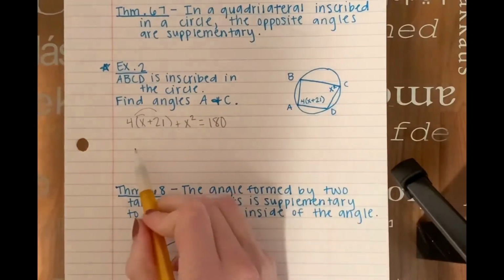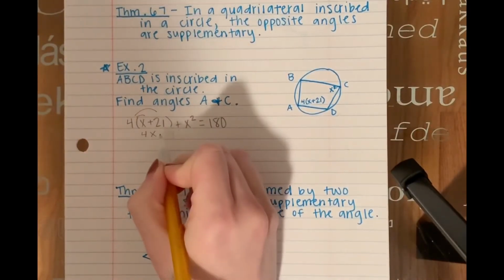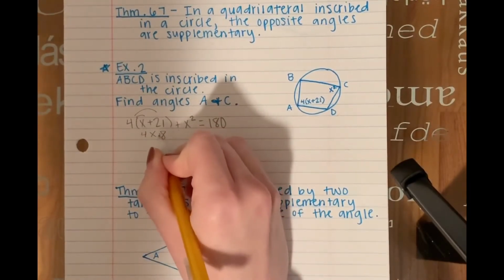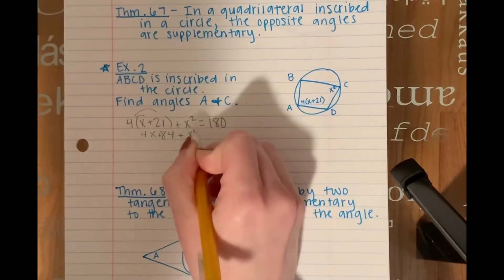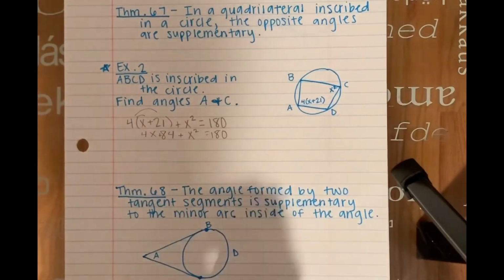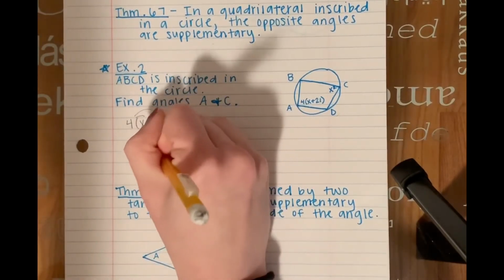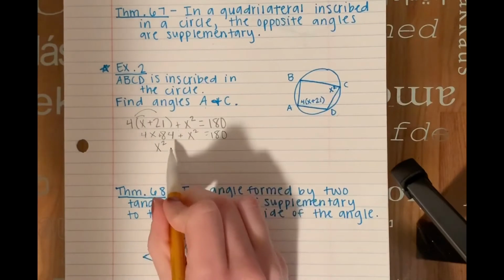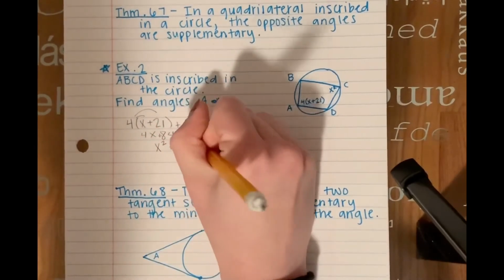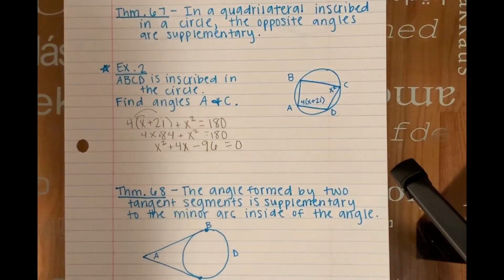So we'll distribute this 4. 4 times x will be 4x. 4 times 21 will be 84, plus x squared equals 180. Then we need to move that 180 to the other side, subtract it, and I'm going to put this in descending order. So x squared will go first, subtract 180. 4x will go next. When we subtract 180 over, we'll get minus 96 equals 0. And then we see if we can factor it.